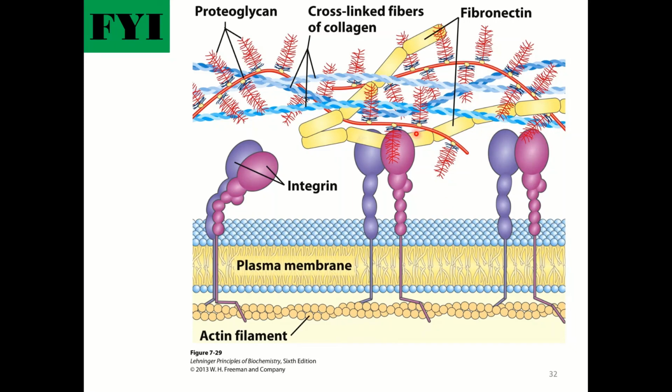One of the things they can attach to is fibronectin, shown here, which is also associated with the proteoglycan we were talking about, that has a hyaluronate backbone with the aggrecan and the keratan sulfate and chondroitin sulfate. And collagen, we've talked about collagen before in protein structure with the triple helix. All of this combines to form the extracellular matrix.